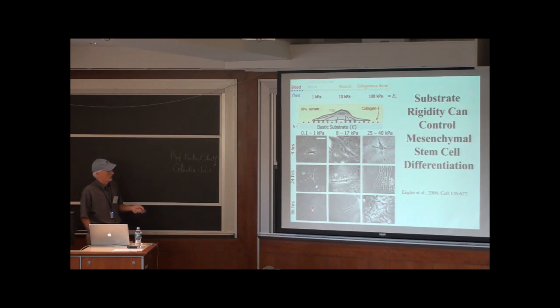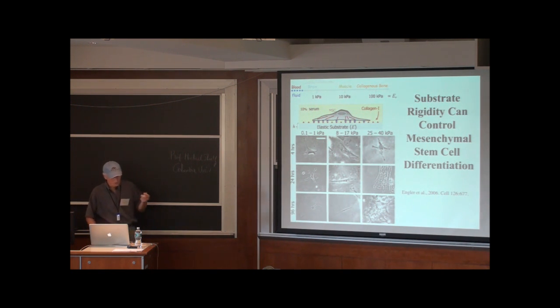This is 4 hours and 4 days to the rigidity of the environment and the same presumed chemistry in terms of collagen, such that at low rigidity they become neuron-like, at intermediate they become muscle-like, and at high they become bone-like in terms of their differentiation.